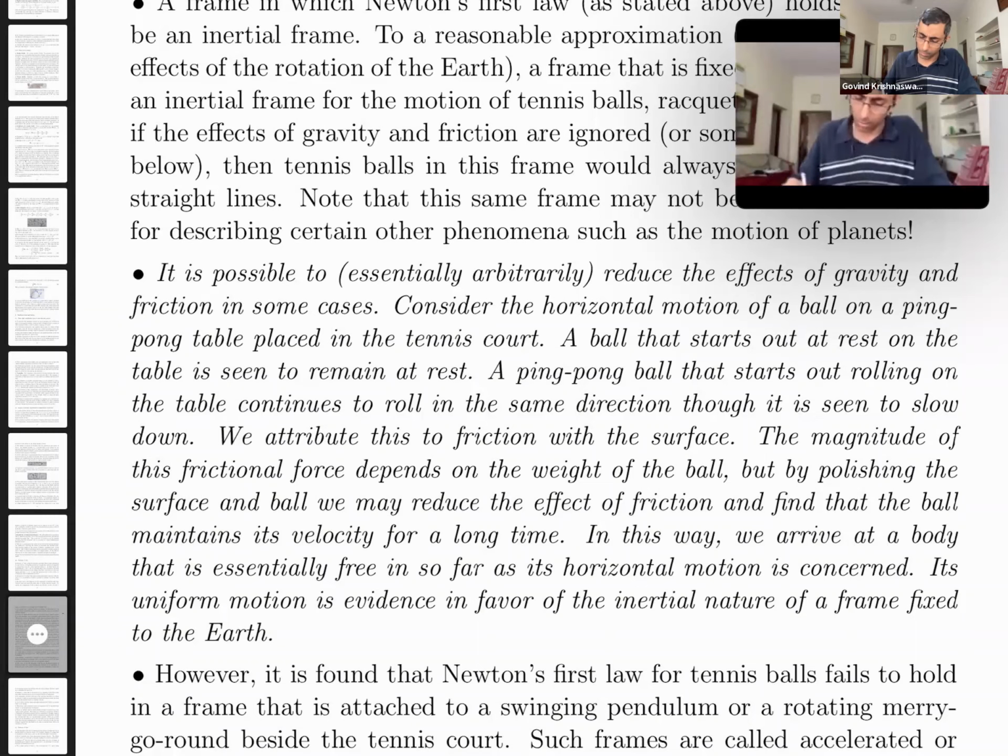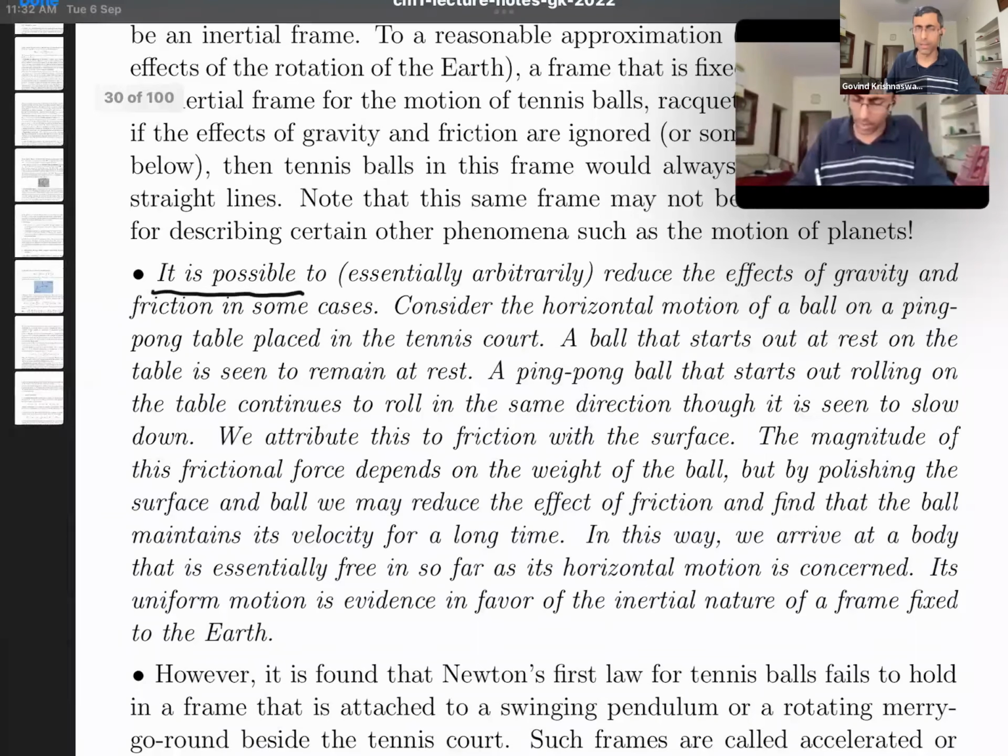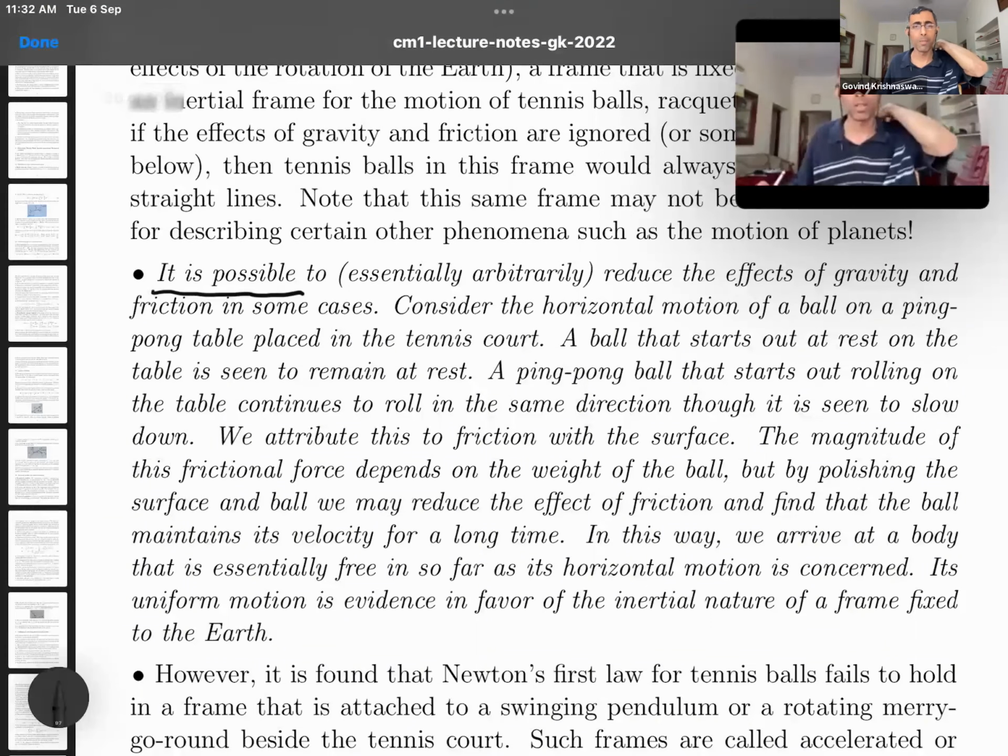I stated that the Earth, to some approximation, can be regarded as an inertial frame for certain purposes, such as the motion of golf balls and such things, or the rolling of a ping pong ball on a table. For these things, it can be.